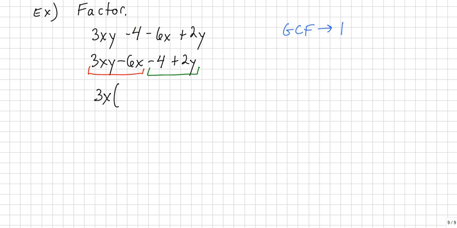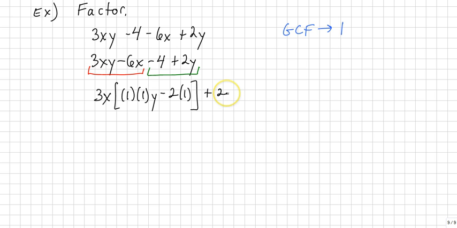So if I take that away from them, 3 times 1 is 3, x times 1 is x, and then there's a y that I didn't take out. And then 3 times negative 2 is negative 6, and then x times 1 is x. And then these other 2 terms that I grouped together, notice how they both have a 2 in common.